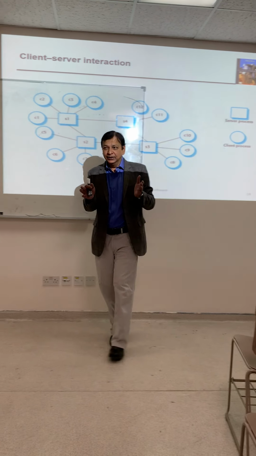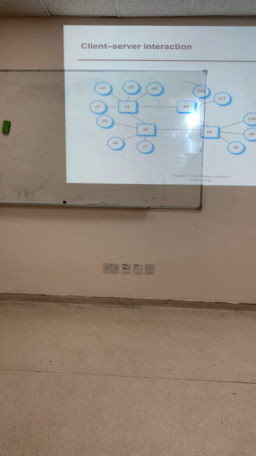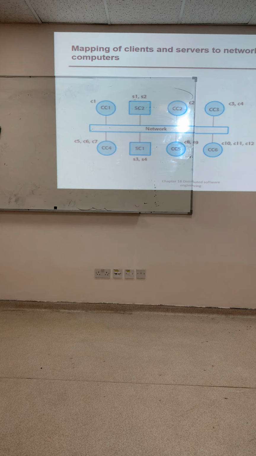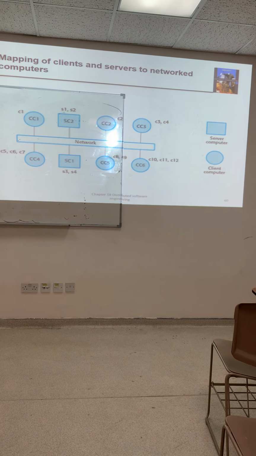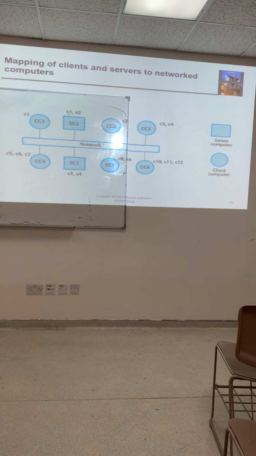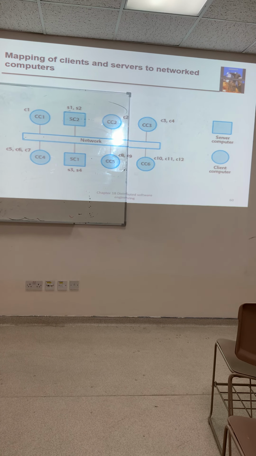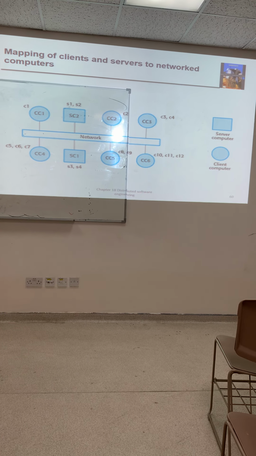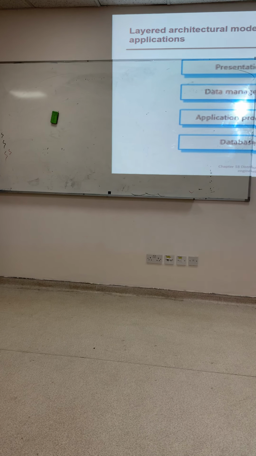Divide the processing burden into two processes, client-side process and server-side process. So that is the mapping of client and server over network computers. This is the network, so client 1, client 2, client 3, and so on, server 1, server 2, server 3.